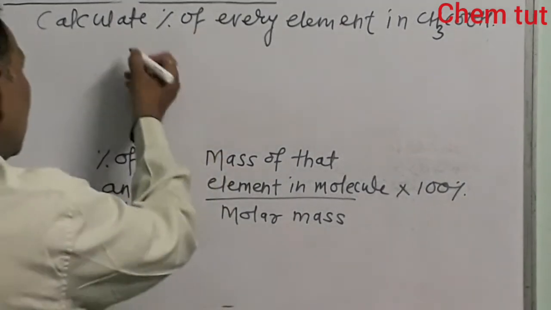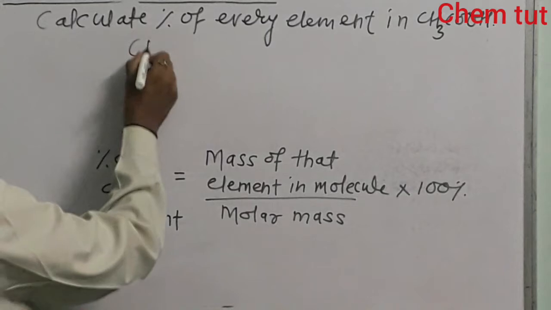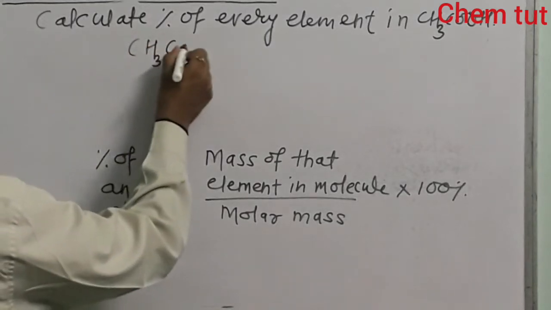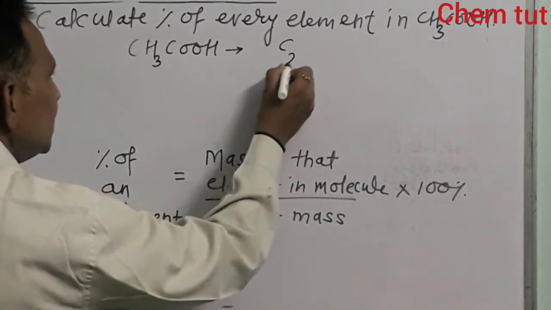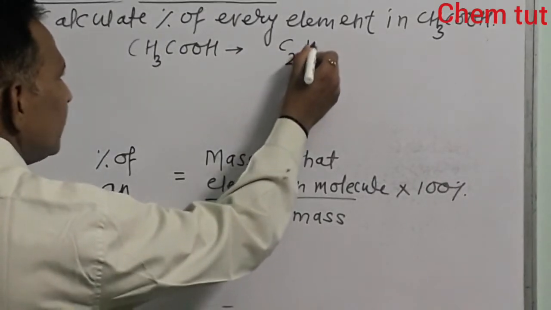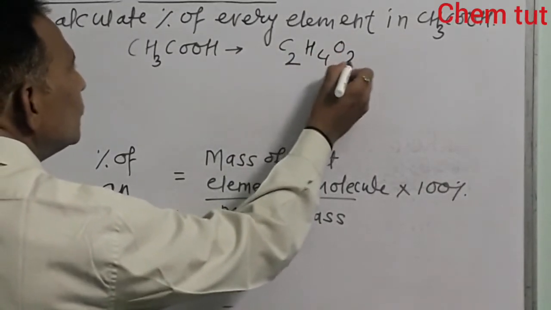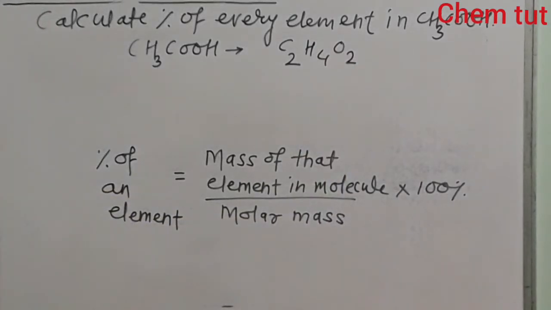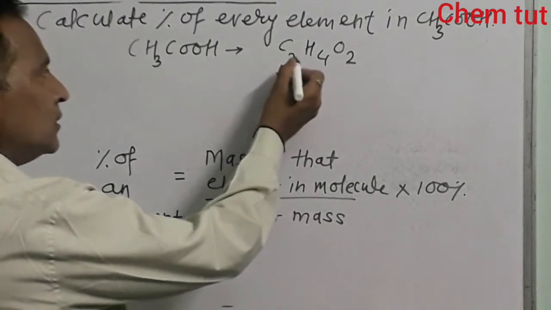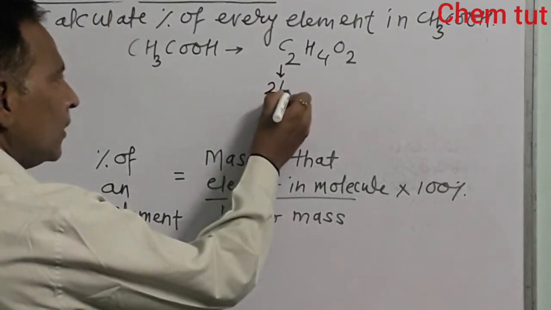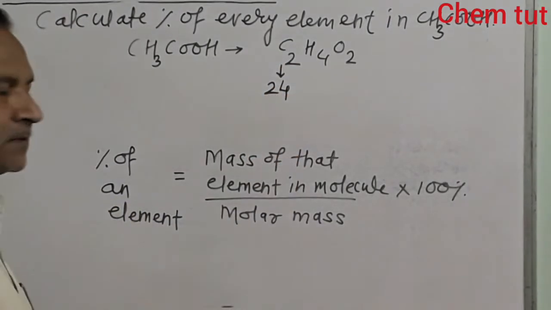Now, the molecular formula of acetic acid is CH3COOH, which can be written as C2H4O2. Now, what is the contribution of carbon atoms in this molecular formula? 12 into 2, that is 24 parts by weight of carbon is present.